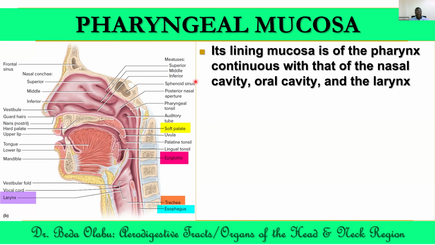The mucosa that lines the pharynx is continuous with different parts of mucosa. For example, it's continuous with the mucosa of the nose, the mucosa of the mouth, the mucosa of the larynx, and the lining mucosa of the auditory tube and the like. So it's continuous with those spaces.